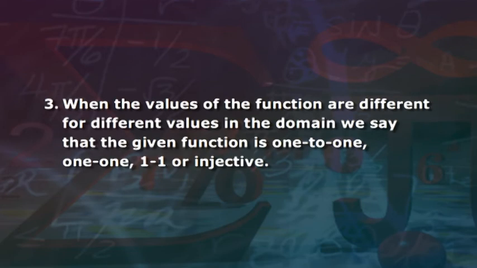3. When the values of the function are different for different values in the domain, we say that the given function is one to one, or injective. 4.